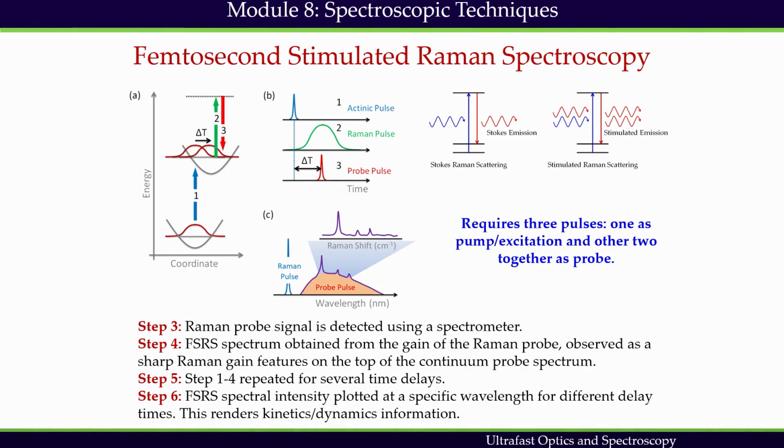Raman probe signal is detected using a spectrometer then. Finally, femtosecond stimulated Raman spectrum is obtained by determining the gain of the Raman probe pulse throughout its spectrum by taking the ratio of the probe spectrum when the pump is on and off. This is observed as a sharp Raman gain. So, we get a sharp Raman gain feature on the top of the continuum probe spectrum.